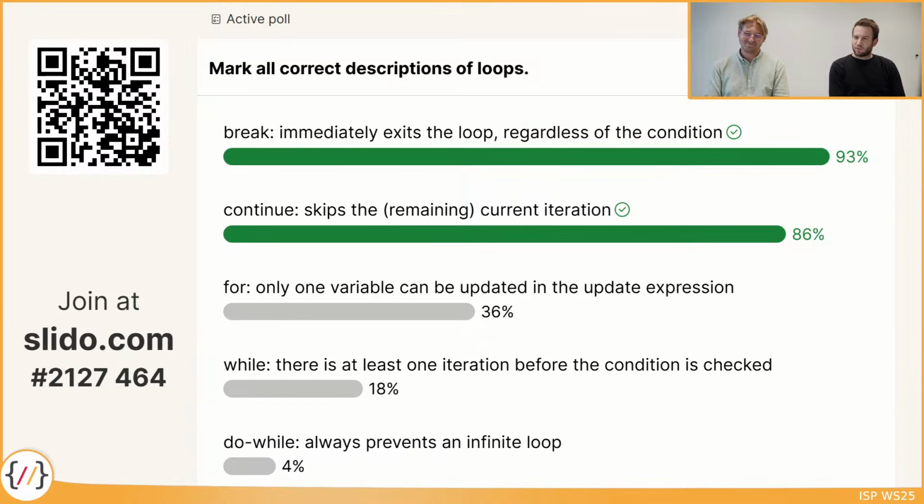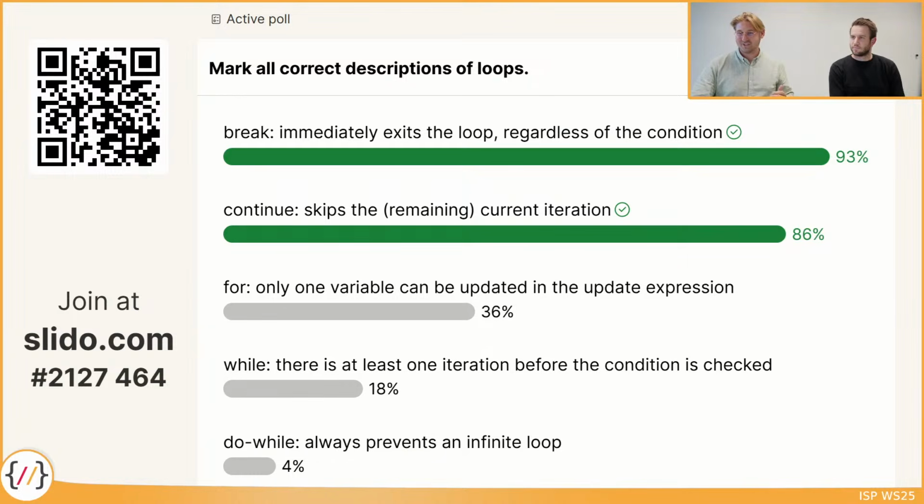This would be true for the do while loop, but not for the while loop. If the condition in the while loop is false at the beginning, we never enter it. And for the do while, always prevents an infinite loop is for sure not the case. So only the first two are the correct answers.